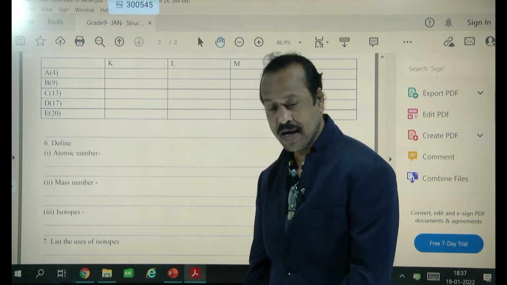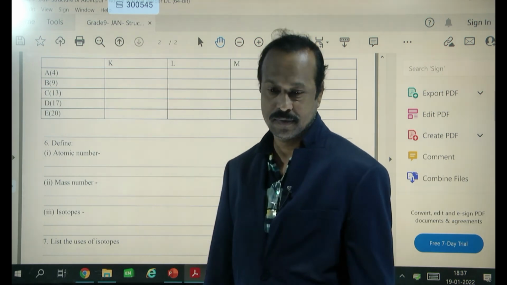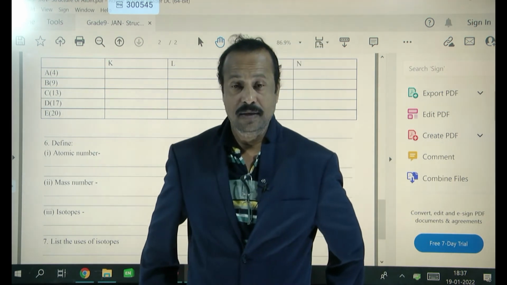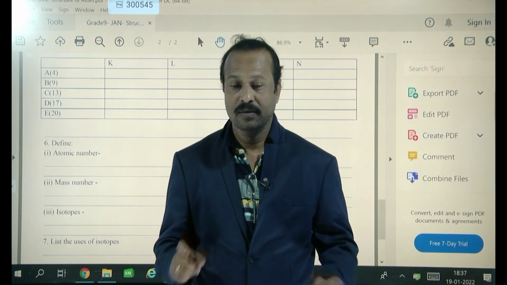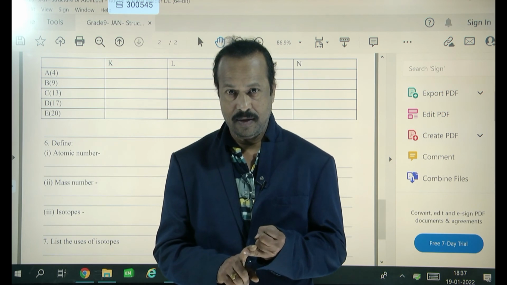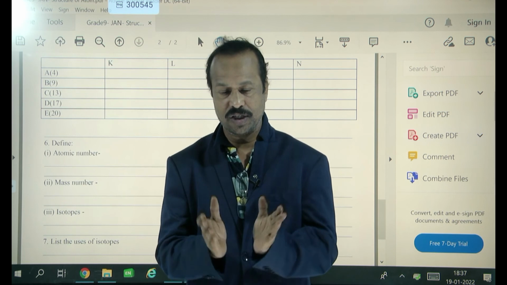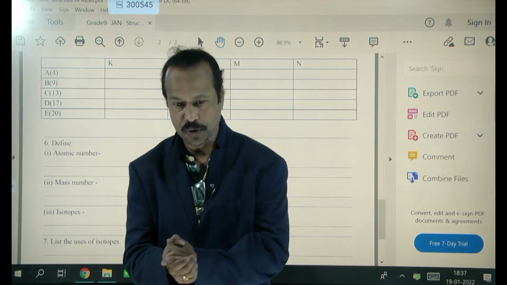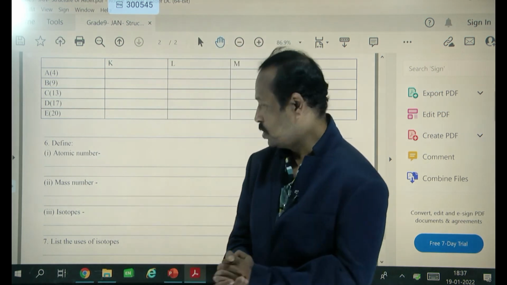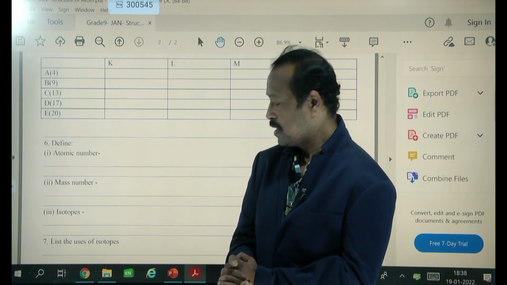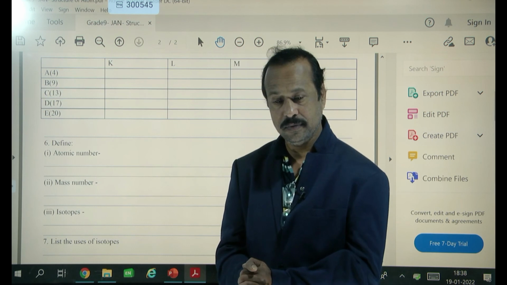Next, how can you define the mass number? The sum, and sum means addition, of the protons and neutrons present in the nucleus is called the mass number. Good. What are isotopes? How can you define isotopes?